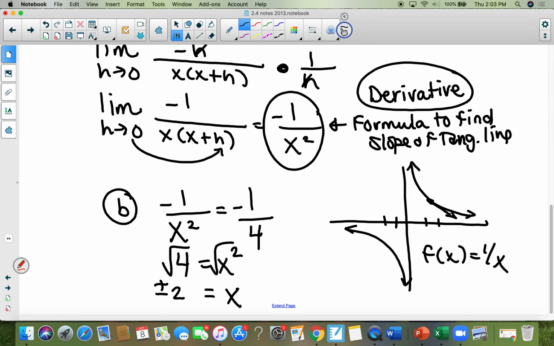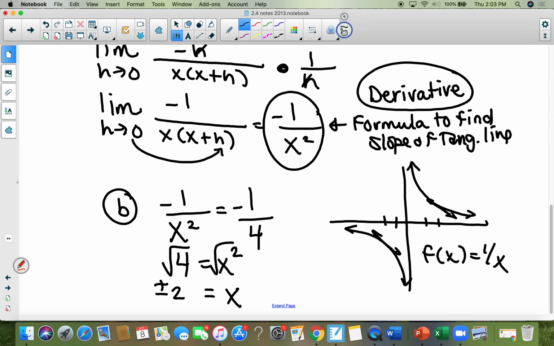At a negative 2, I'm going to make another tangent line. Do you see that these two pretty much have the same tangent line slope? And the slope is a negative 1/4. Do they look like they have a negative slope? They both have a slope of what? Negative 1/4. Where? At positive and negative 2.